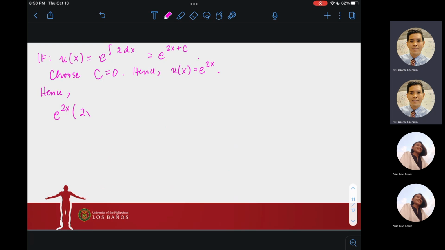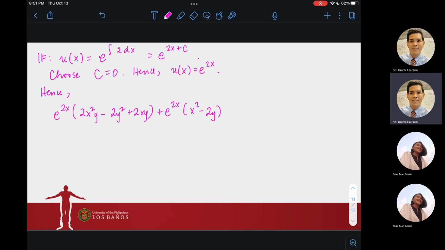So ito ay 2x squared y minus 2y squared plus 2xy. Ito yung nanggaling dun sa original ODE plus e to the 2x times n. N is x squared minus 2y equals 0. Kasi nag-multiply lang naman ako ng e to the 2x to both sides.